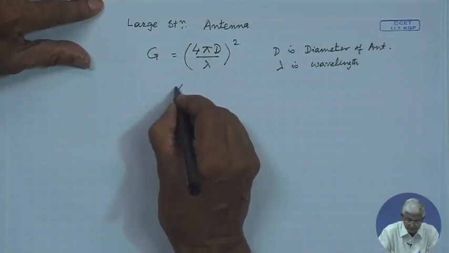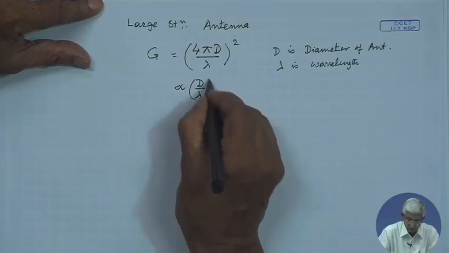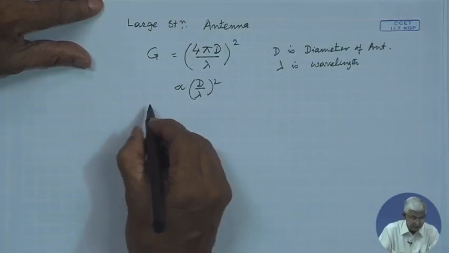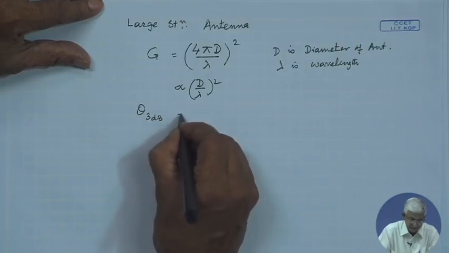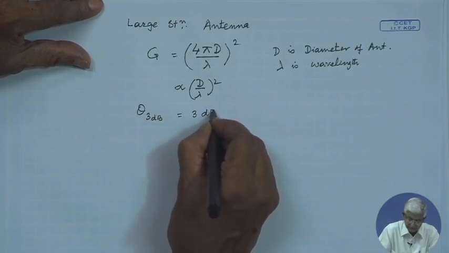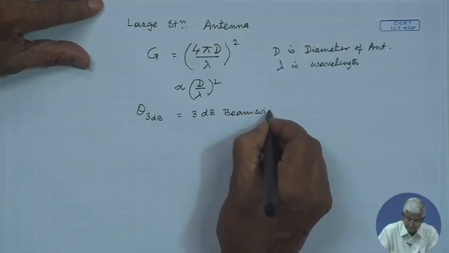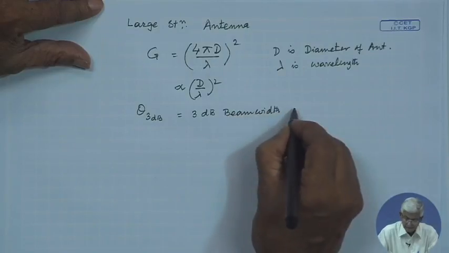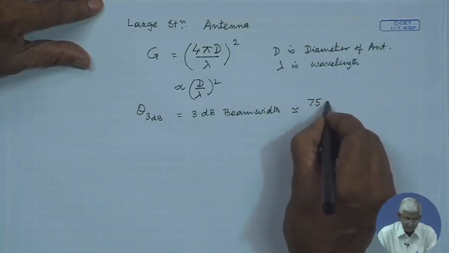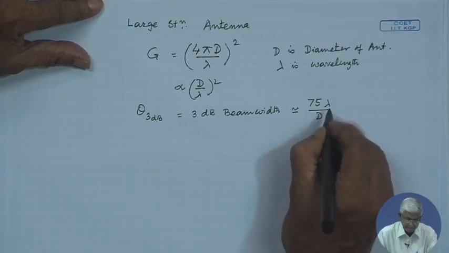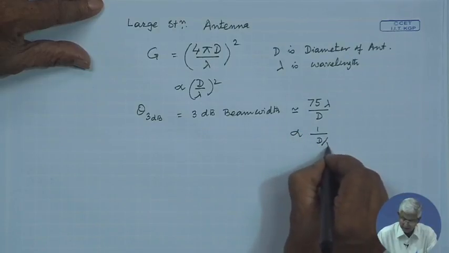That means, you can say it is proportional to (d by lambda) whole square. Then there is the beam width, we call theta 3 dB, that is the 3 dB beam width, which approximately we stated is 75 lambda by d, or I can say it is proportional to 1 by (d by lambda).